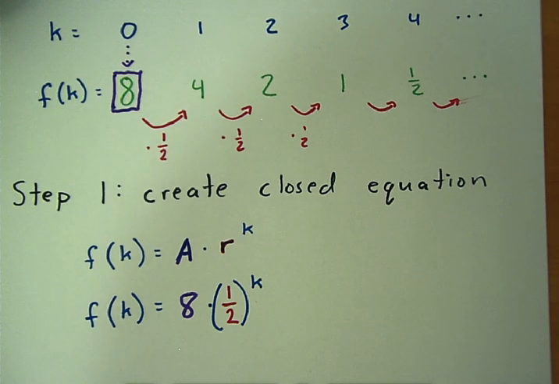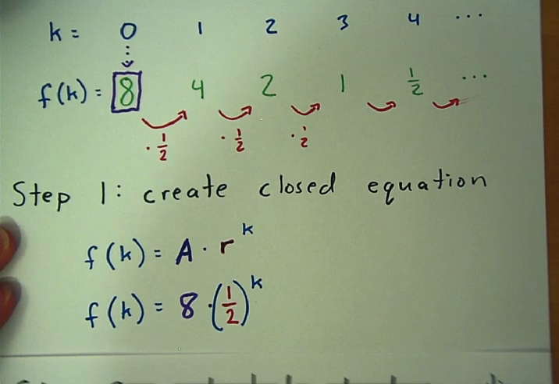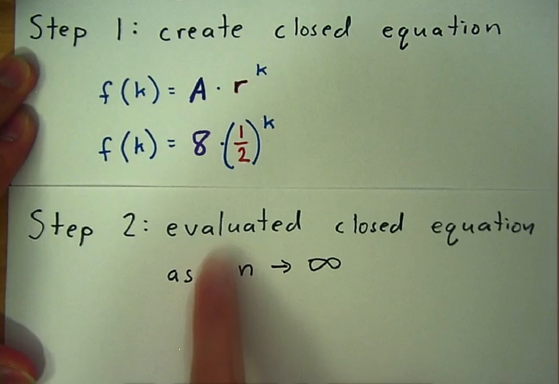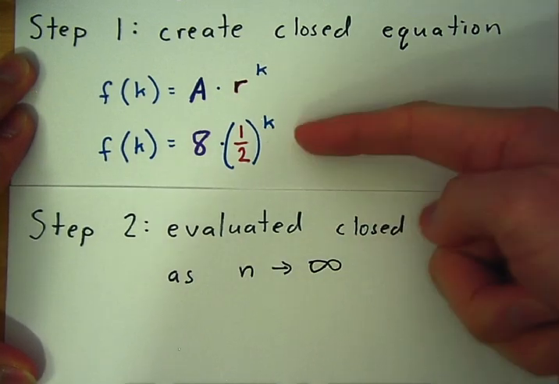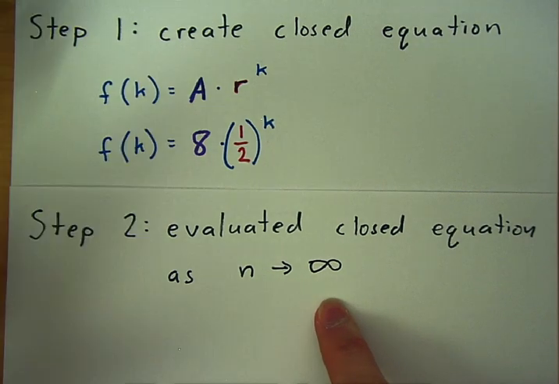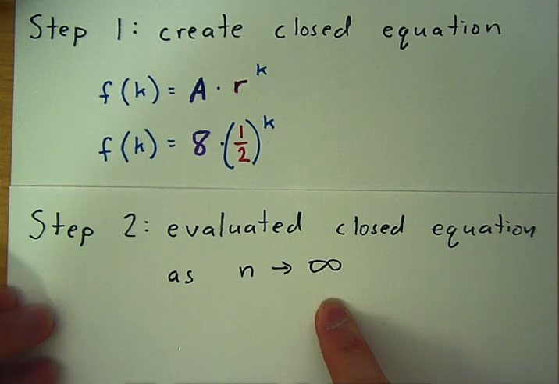All right, next step. Your next step is going to be to evaluate the closed equation as n goes towards infinity. I guess for this particular case, it'd be as k goes towards infinity.